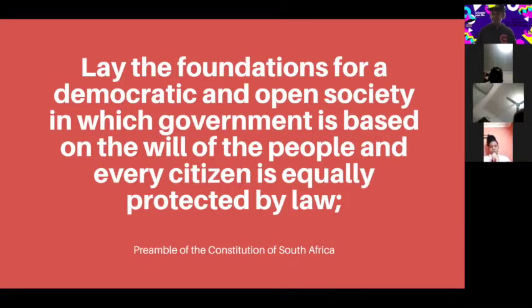Because a democracy is based on you and I voting, or well, some of you haven't voted, it's coming soon. So when you vote, you are practicing your rights as a citizen in a democratic country to say, this is who I want to see govern me. And the Constitution is based on that.